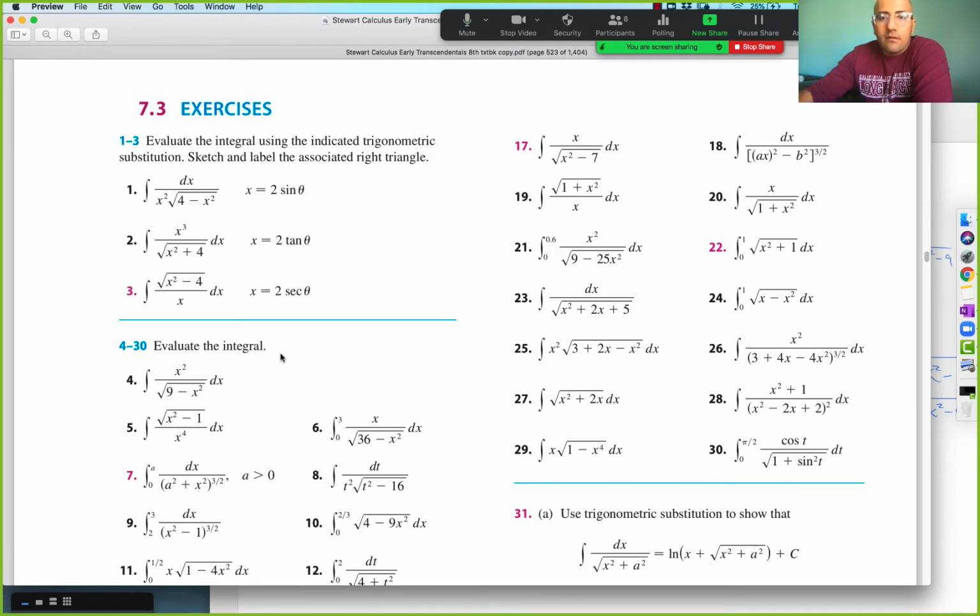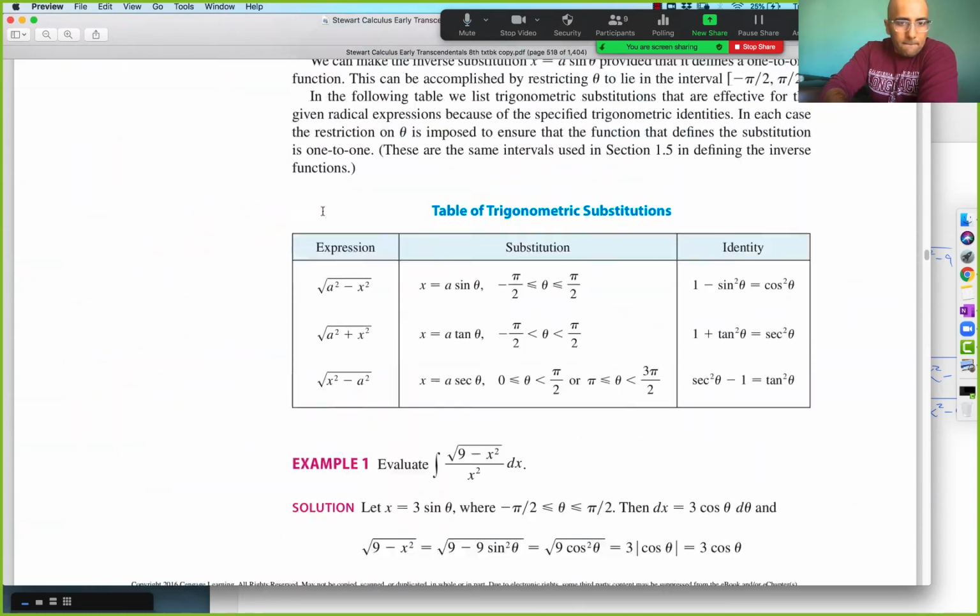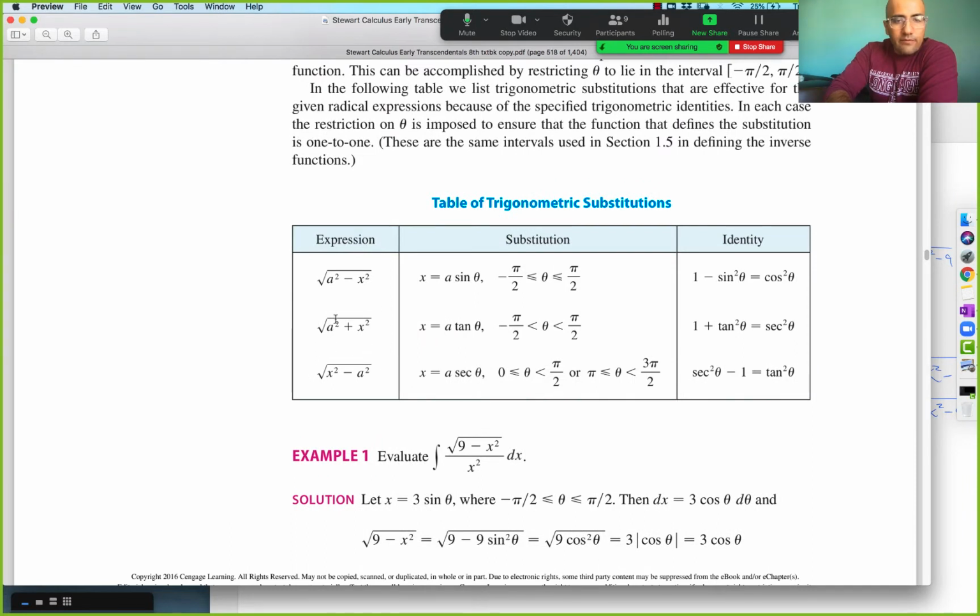Number 19 fits the form of a constant squared plus x squared, and they suggested letting x equal tangent of theta in order to solve it.